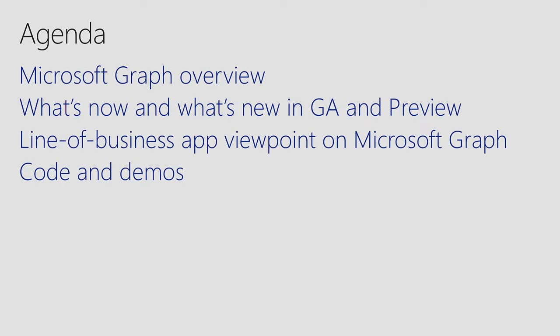Then an overview of what's there now, what's new, and maybe a little of what we're planning to bring in the near future. And then I'll show you an example of a line of business app and maybe spark some ideas for your own line of business apps that take advantage of the graph.